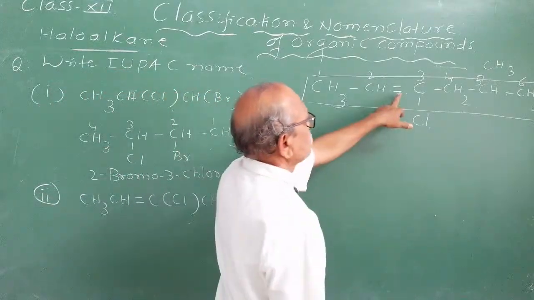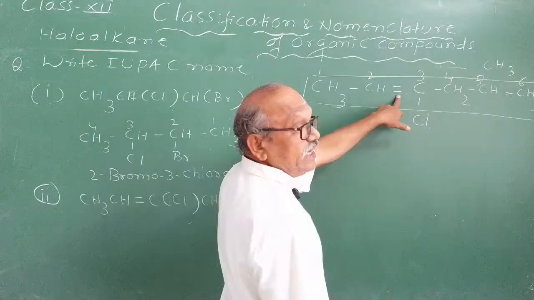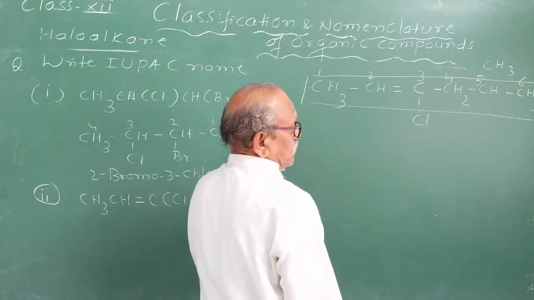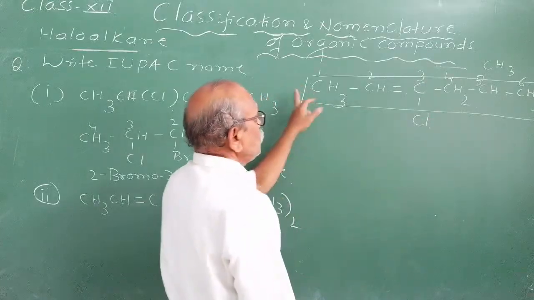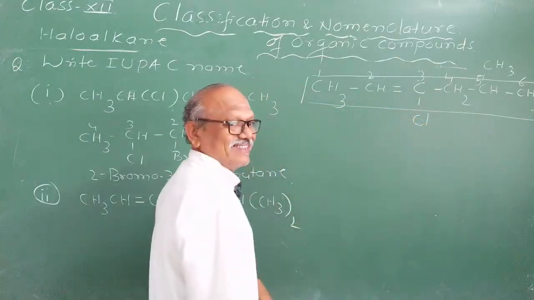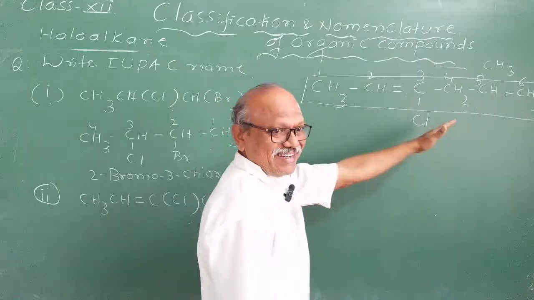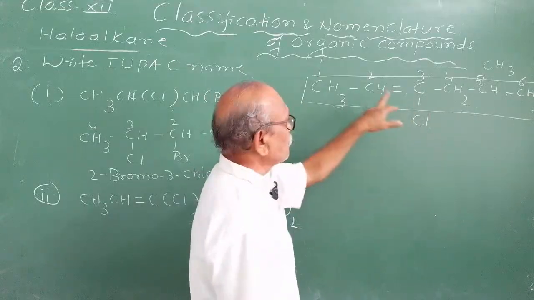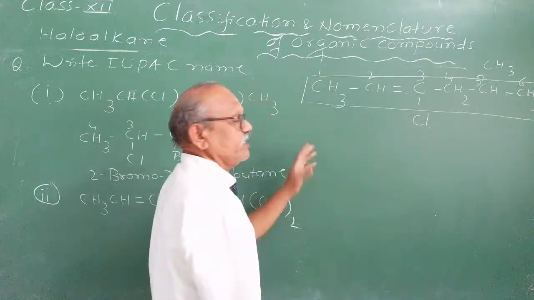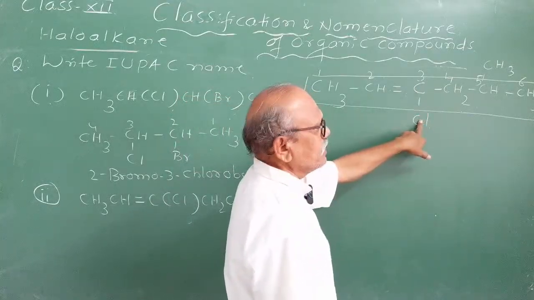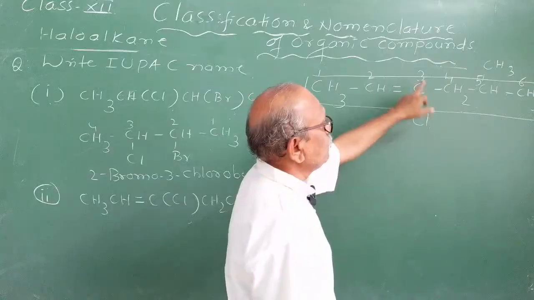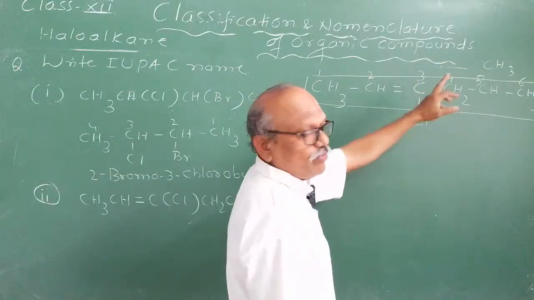Start. Root word is -ene. Where is the ene? 2-ene or 3-ene? Now we started numbering from this end. Therefore, it should be 2-ene. Then prefixes. To the third carbon there is chlorine. 3 chloro. 5 methyl.